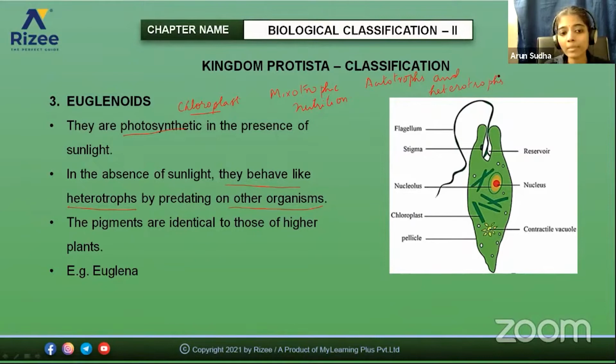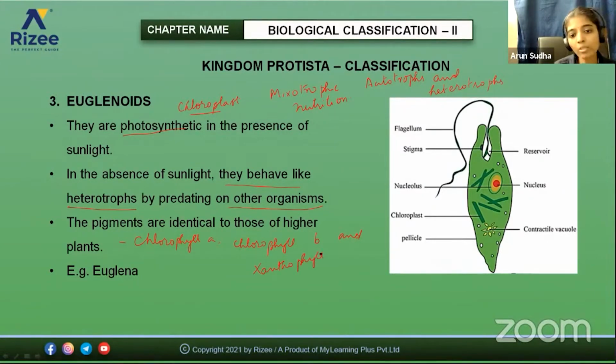The pigments are identical to those of higher plants. What do you mean by this? The pigments that are responsible for photosynthesis are the same as those in higher plants, like chlorophyll A, then chlorophyll B, and xanthophyll.